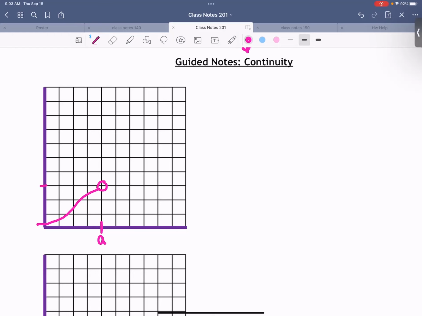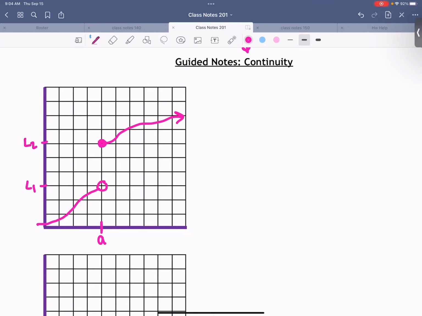I'll call this hole L1. So at the height L1, we have a hole and then it jumps up at L2. So at L2, our function has a little jump in it, okay? Now, pretty obviously, I took off my pencil to draw that.